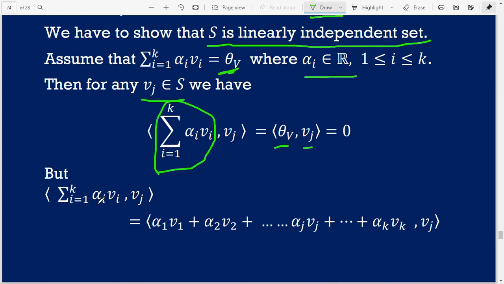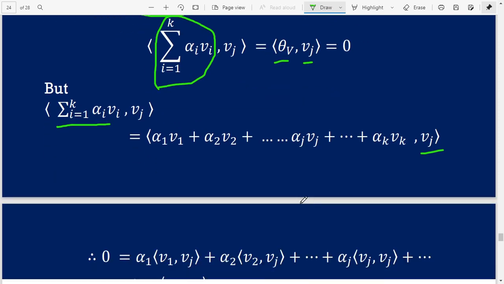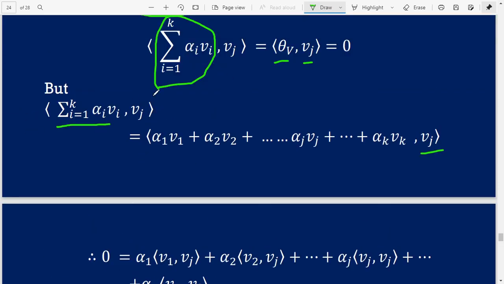So now put the value of summation i = 1 to k alpha_i Vi with Vj. This is equal to the inner product of alpha_1 V1 plus alpha_2 V2 plus up to alpha_j Vj plus up to alpha_k Vk with Vj, and this is equal to 0.